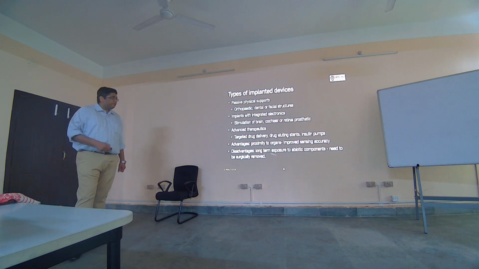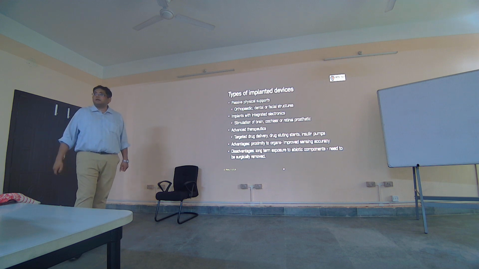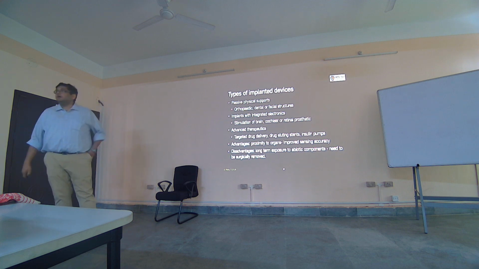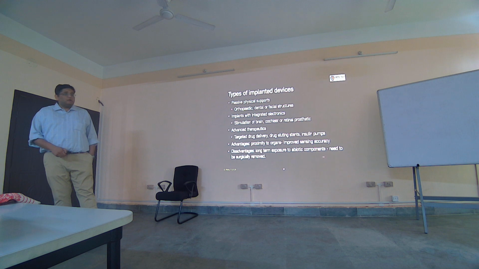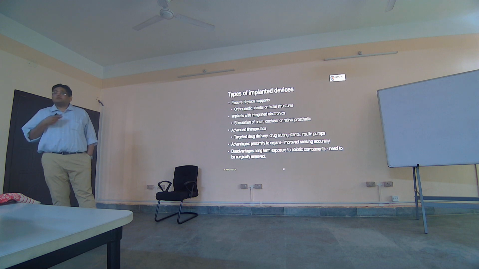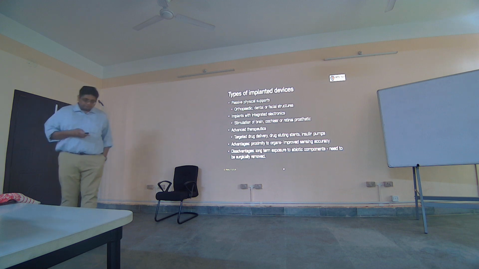The drawback, as you know, is that most of the components are abiotic, and so we need to figure out ways to build these systems which are friendly to the human body. Else, what do we do with the pacemaker, right? You put a pacemaker in, you need to remove it to change the battery every 10 years or so, which requires surgery. That's a procedure which you'd like to avoid.